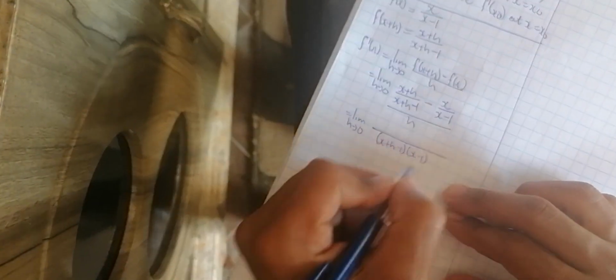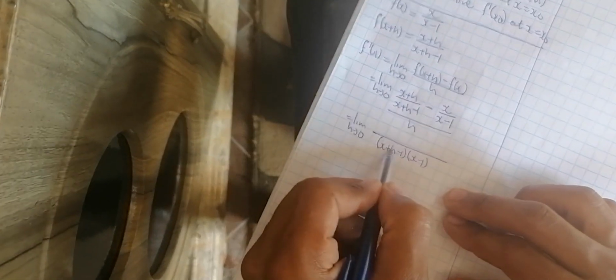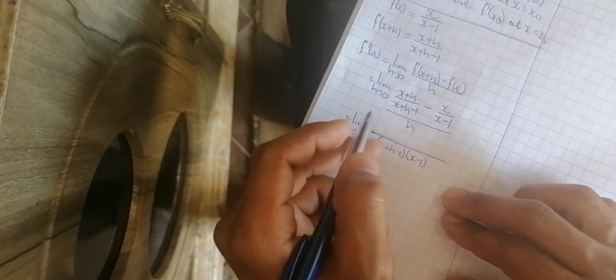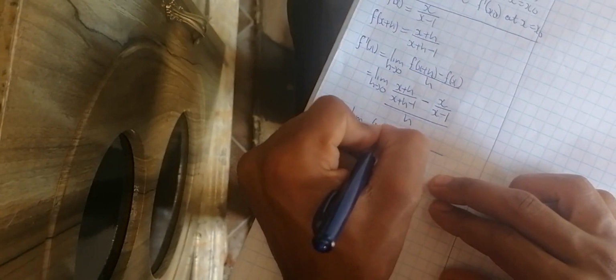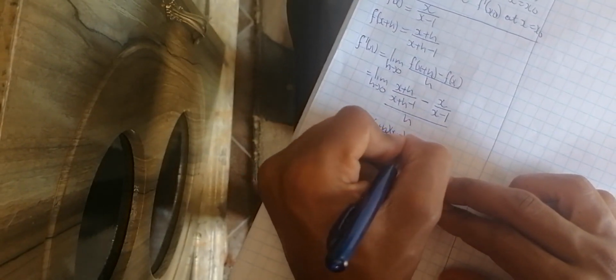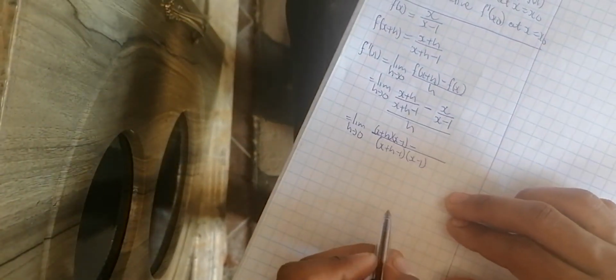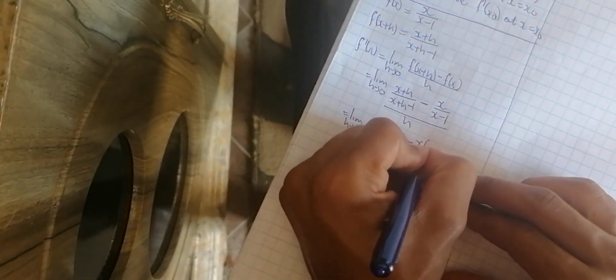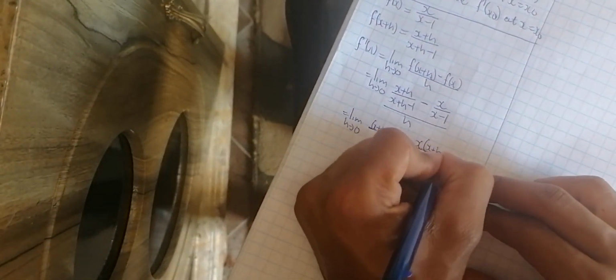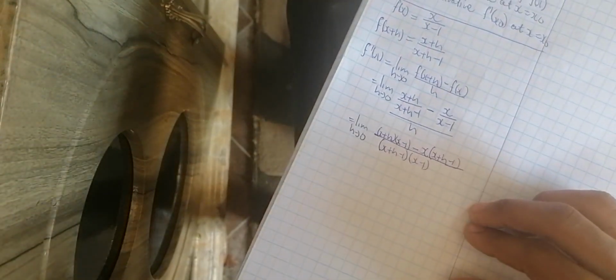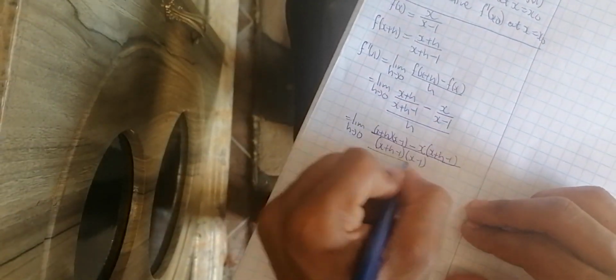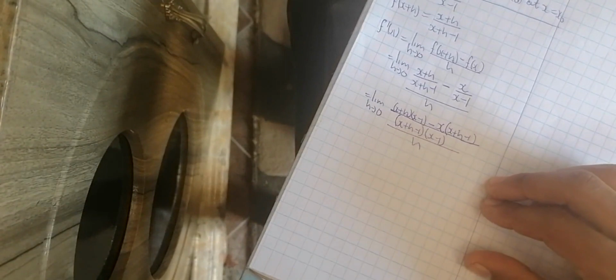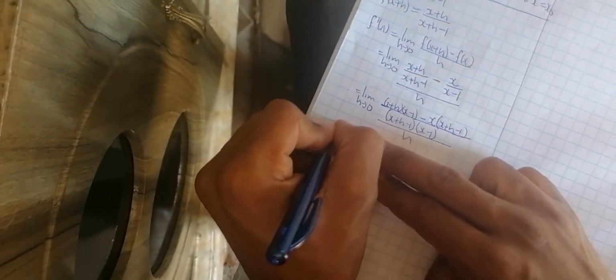This into this goes once, and this times this would be x plus h times x minus 1, subtraction sign. This into this goes once, this times that would be x plus h minus 1. And remember all this has to be divided by h. Please do not make a mistake there.